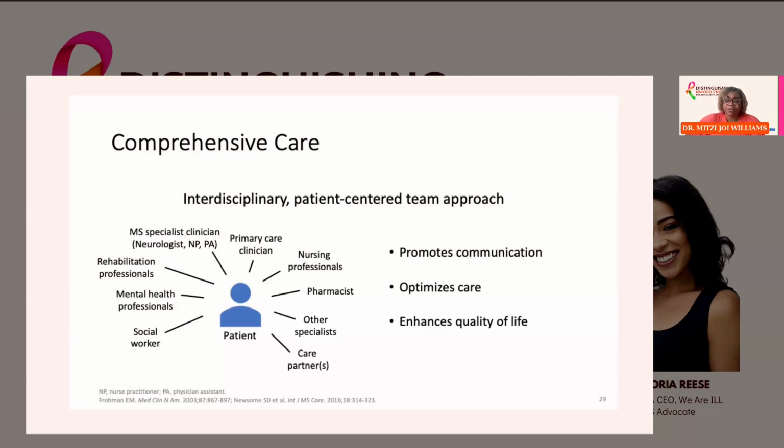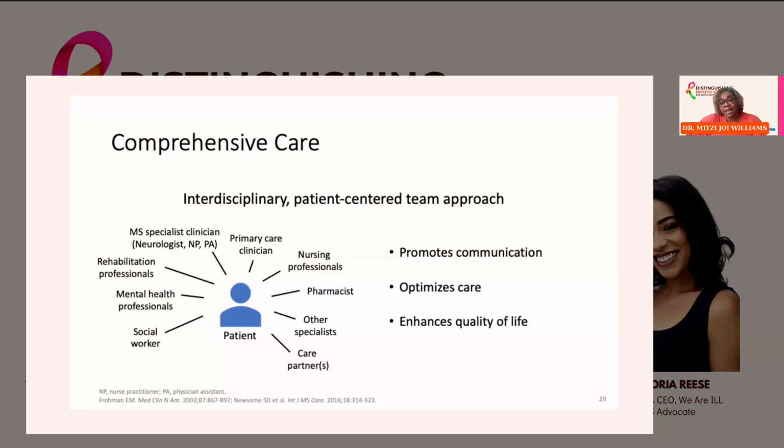So looking at your neurologist, who is the primary kind of leader, head cheerleader of your team, directing treatment, and then certainly a primary care physician to do screening and checking for all of those regular things. We saw the ages were 35 to 45. So that's around the time women start getting mammograms and all that good stuff. Also, it's important to have other specialists depending on what symptoms are involved, physical therapists, mental health specialists as well. So comprehensive care is key to good outcomes for those living with both MS and NMOSD.